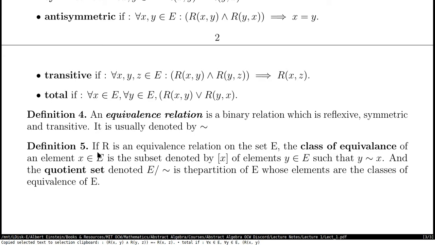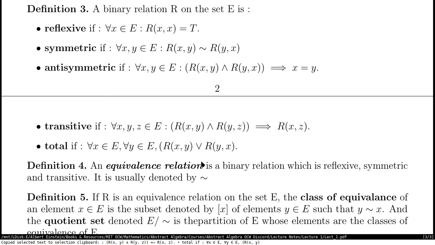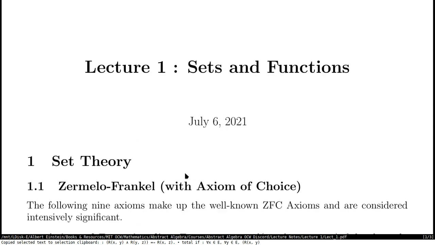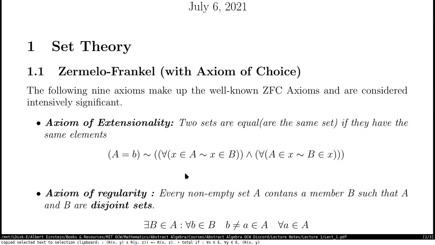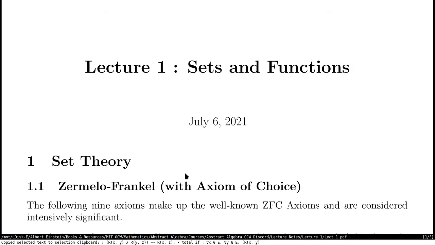Now, if R is an equivalence relation on the set E, then what you get is, okay, this is from the axiom of, what was that even? I forgot. The axiom schema of specification, restricted comprehension.